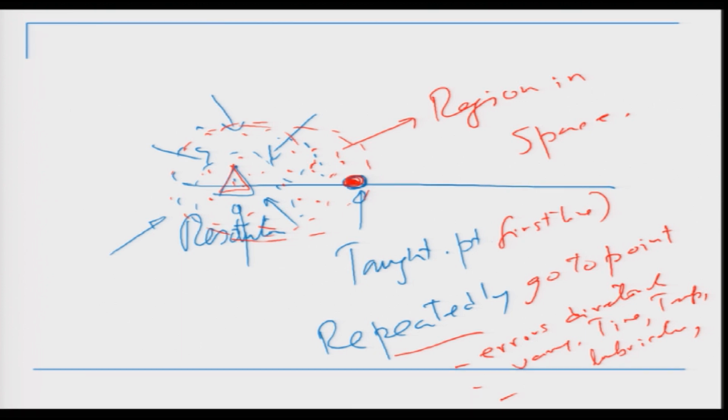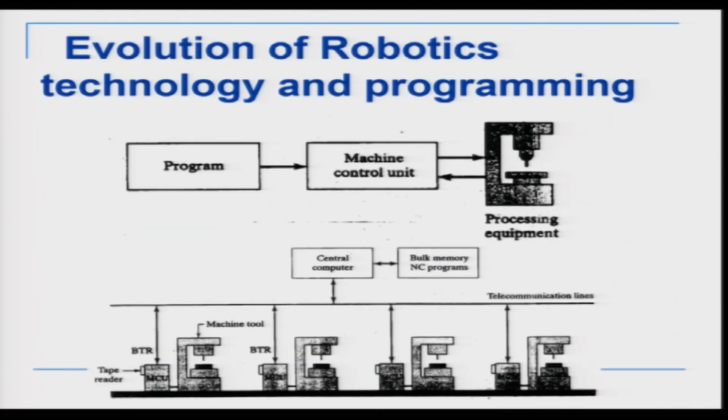Okay. So next we move on to the evolution of the robotics technology and programming. Why? Because if a manufacturer makes a robot and the person using the robot has to actually learn control systems and do all the transformations, inverse kinematics, forward kinematics, probably nobody is going to buy a robot, right.